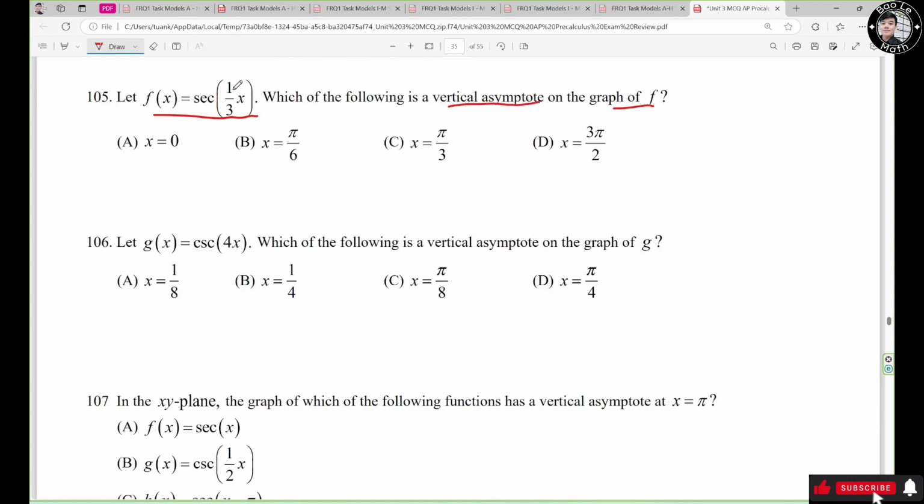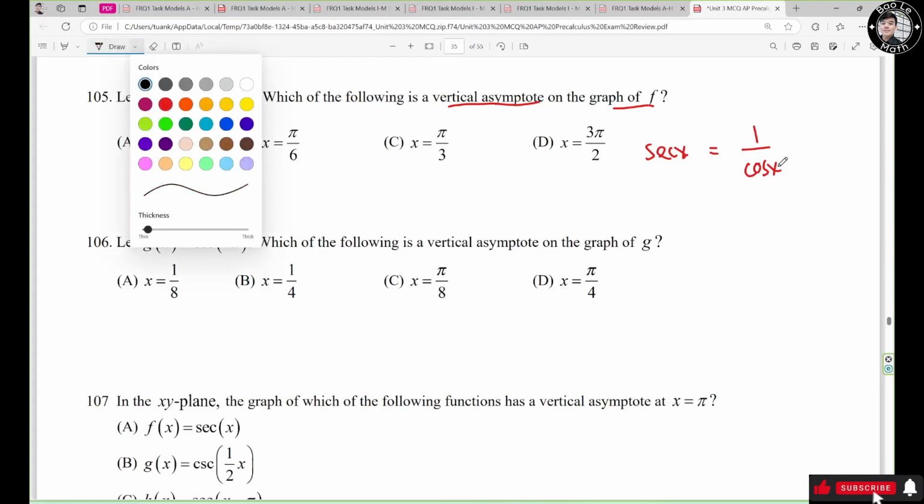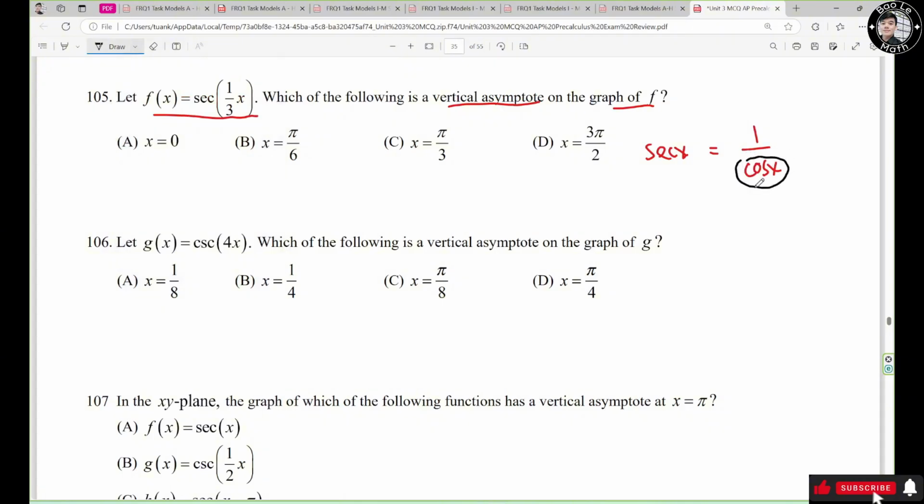Alright, so you know that secant s equals 1 over cosine s. So in order to find the vertical asymptote, we're going to let cosine s equal 0, because when cosine s equals 0 it is undefined, so it becomes the vertical asymptote of secant s. In this situation, the angle should be 1/3 s.